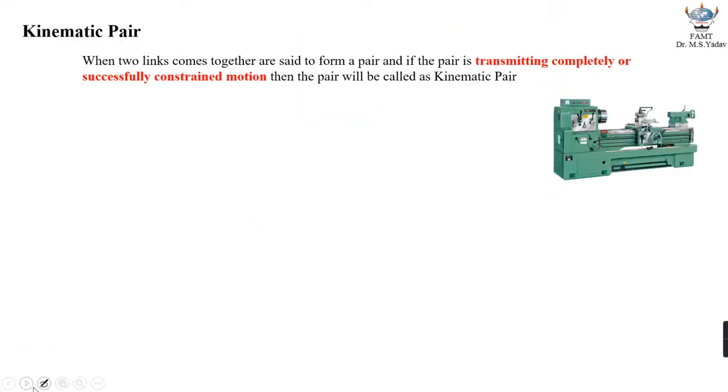Now let's try to understand what we exactly mean by a kinematic pair. We already know that when two links come together, they are said to form a pair. However, if the pair is transmitting completely or successfully constrained motion, then that pair can be called a kinematic pair.